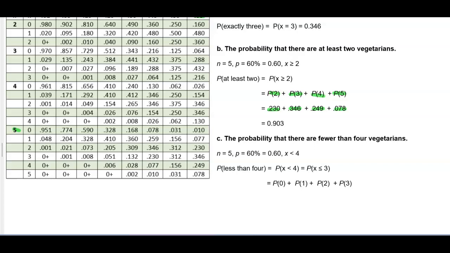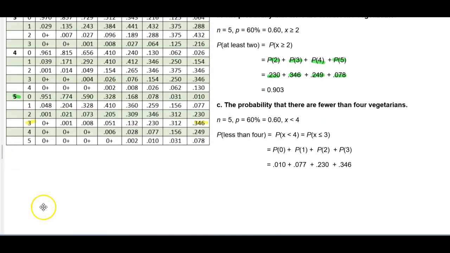So the probability of 3 we know is 0.346. We know that the probability of 2 is 0.230. The probability of 1 is 0.077, and the probability of 0 is 0.010.